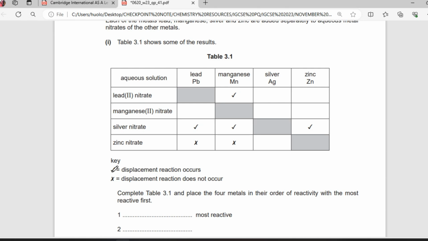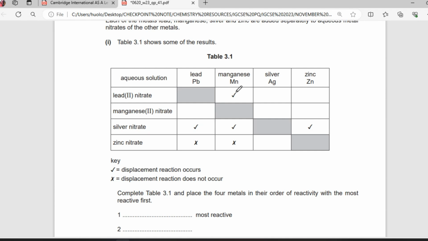The key: a tick tells you that a displacement reaction occurs, while a cross tells you that a displacement reaction does not occur. Okay, so manganese is added to lead nitrate and we see a tick.